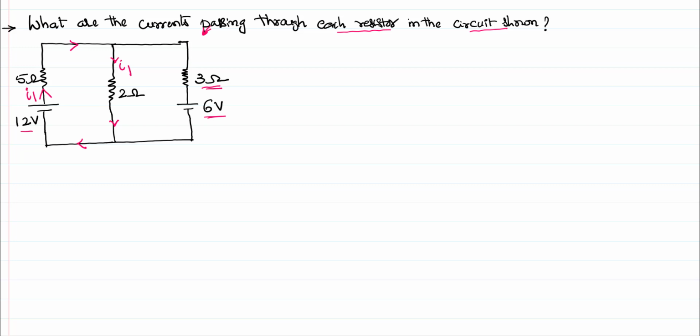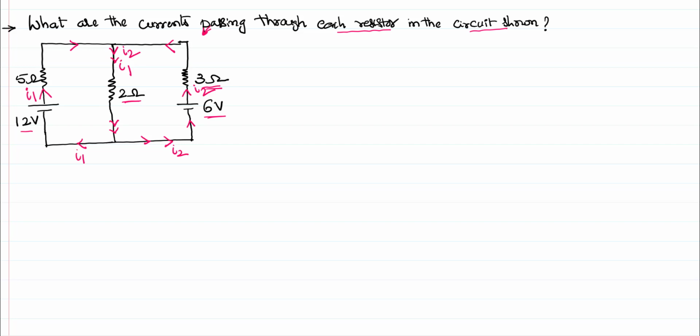So from the 6 volt cell, a current I2 starts. This will go this way and go into this, and that I2 will return back to the negative plate of the battery. So I1 will return back this way, I2 will return back this way, but across the middle resistance of 2 ohms, both I1 and I2 are being passed, right?